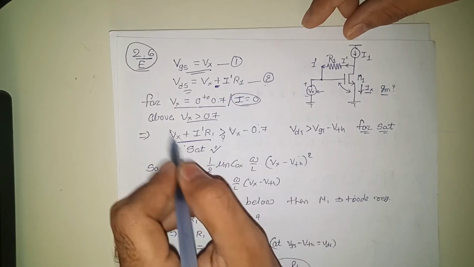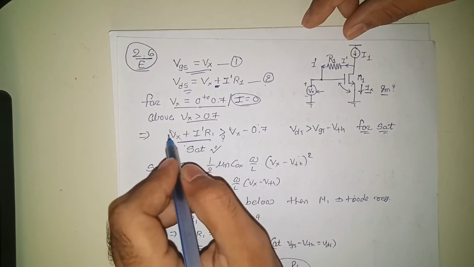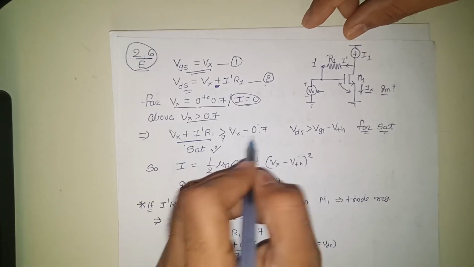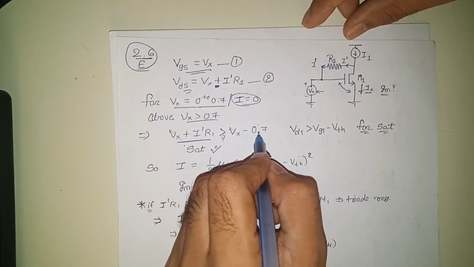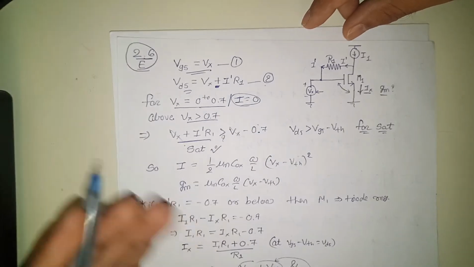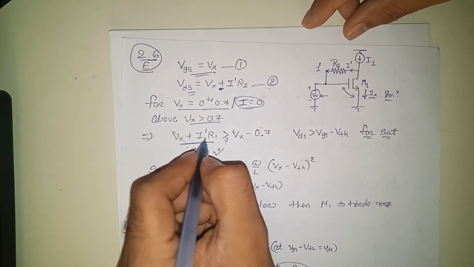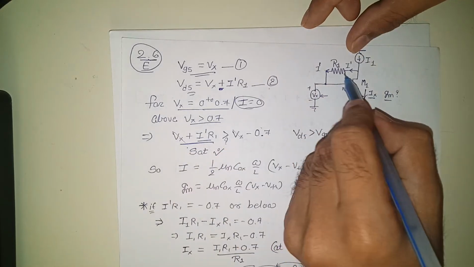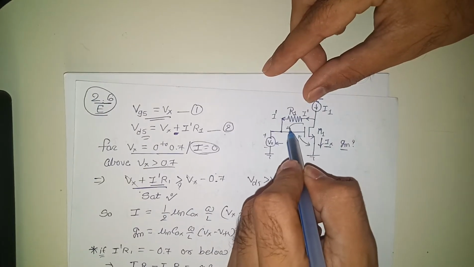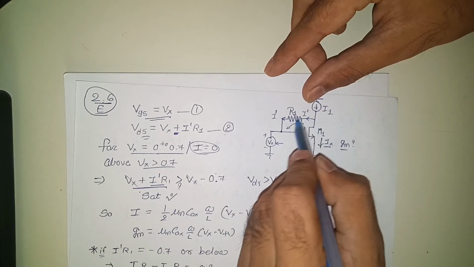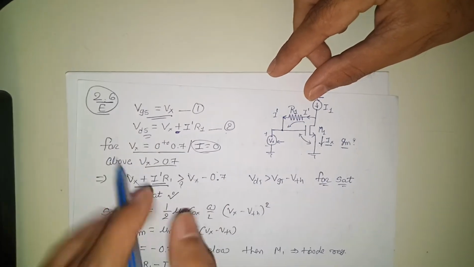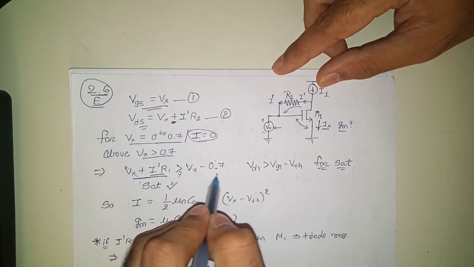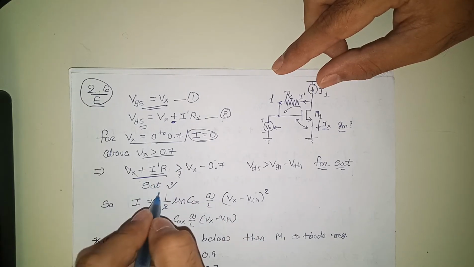If you cancel this Vx, I dash R1 will always be greater than 0.7. Just rethink it, it is not always, unless and until I dash is positive, that is current coming from here to here. Up to that point, basically, this device will be in saturation.